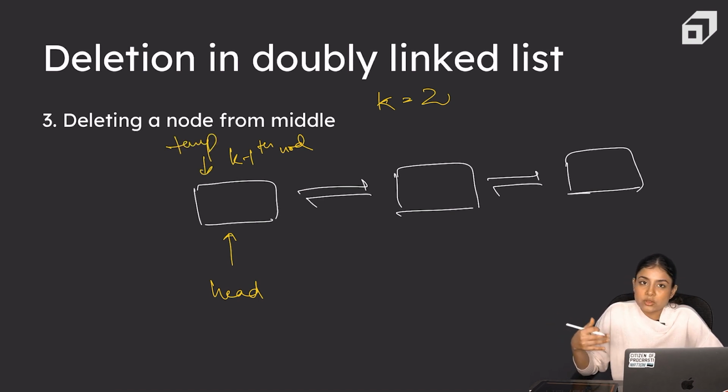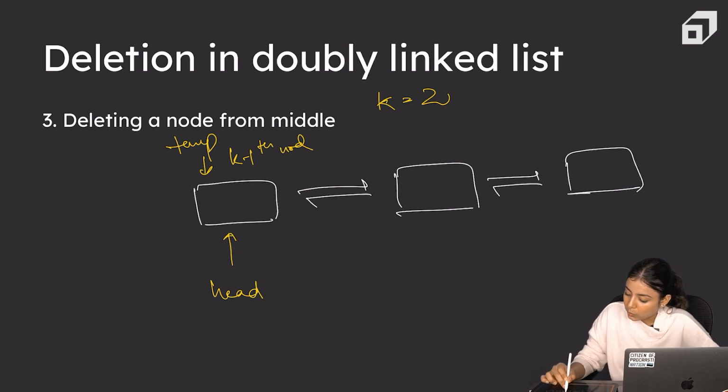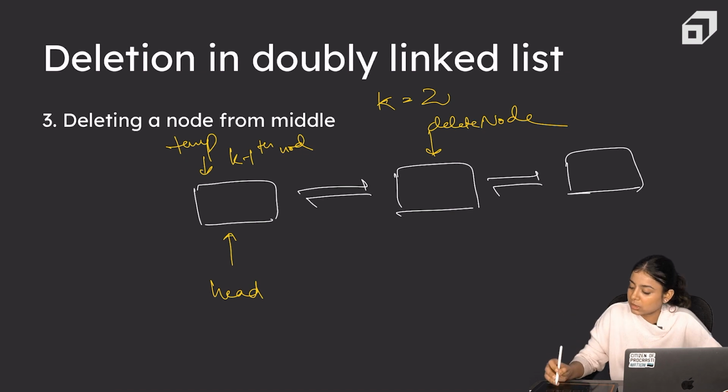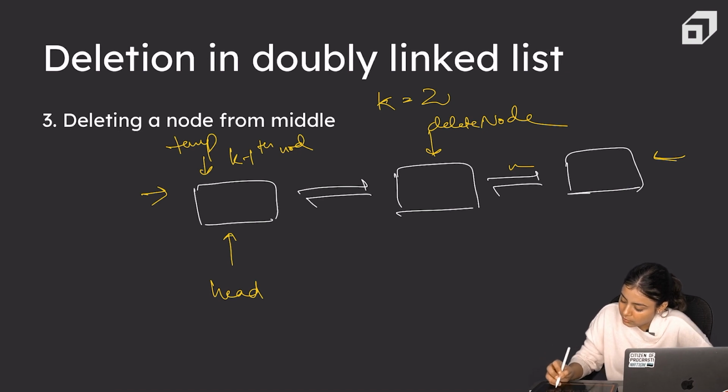Same way we'll traverse to the k minus 1th node. We'll make temp's next get pointed to by delete node, meaning this is the node that needs to be deleted. Now we'll have to change the link between this temp node and this node, which is delete node's next. So before deleting it, we can make these changes using the delete node pointer.